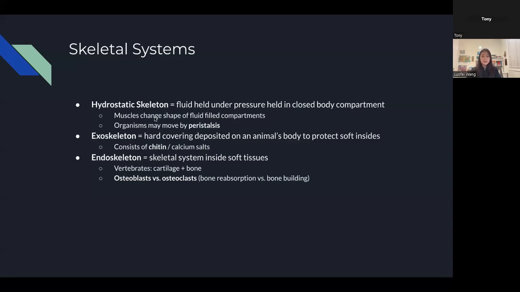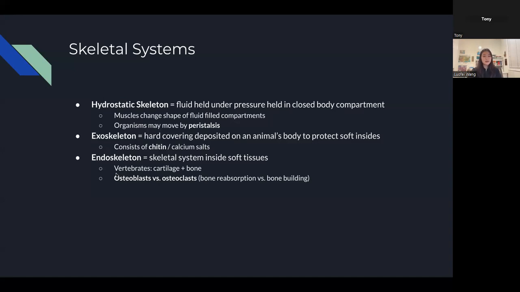And the exoskeleton is a hard covering deposited on an animal's body to protect the soft insides. A lot of bugs have that, and it consists of chitin and calcium salts. And humans have an endoskeleton, which is a skeletal system inside of soft tissues. Vertebrates have cartilage, and bones are made by osteoclasts and destroyed by osteoblasts.